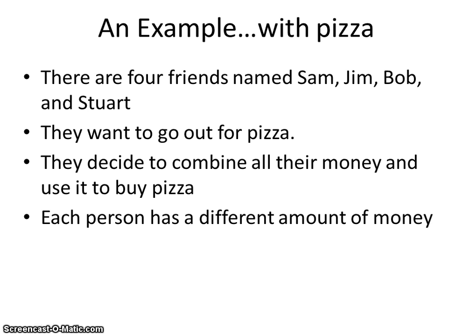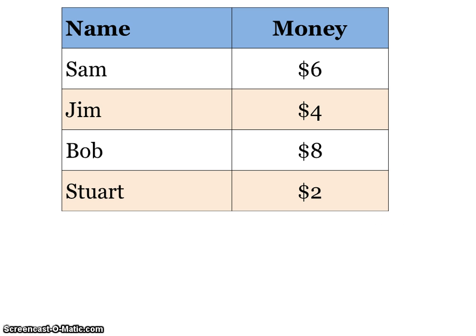Now, for whatever reason, each person has a different amount to contribute to this pizza fund. So let's go through the process of them combining their money and calculate the measures of total, average, and marginal change.